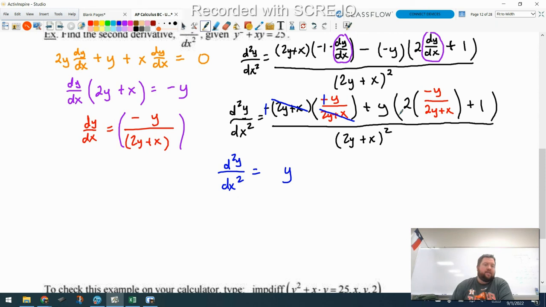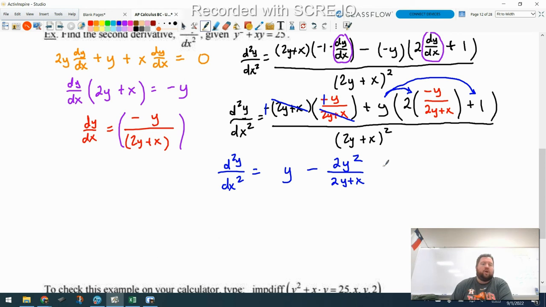Things do not work out quite as nicely over here. So first thing I'm going to do is distribute my y in here and over here like that. I'm also going to multiply the 2 on top. So this is going to be a minus, because I have that minus up there, 2y squared divided by 2y plus x.